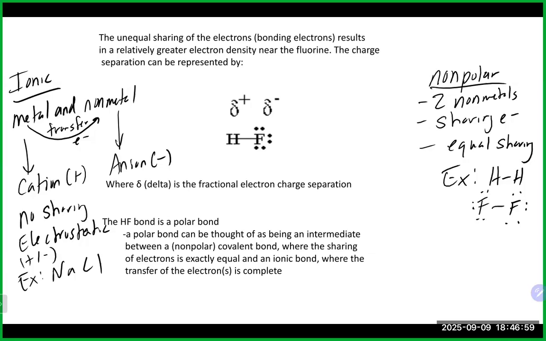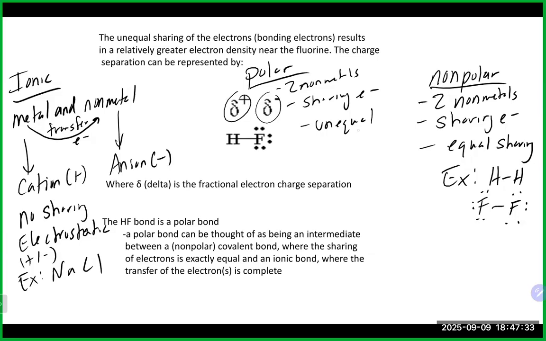By the way, we will see shortly that it doesn't necessarily have to be two of the same element to have a nonpolar bond. It is possible to have two different elements that actually will share electrons equally with one another. And in the middle of those two types of bonding is our polar bond, or our polar covalent bond. Also a covalent bond, also between two nonmetals, also sharing of electrons. Here it's going to be unequal sharing of electrons, which gives us our partially negative, partially positive side.